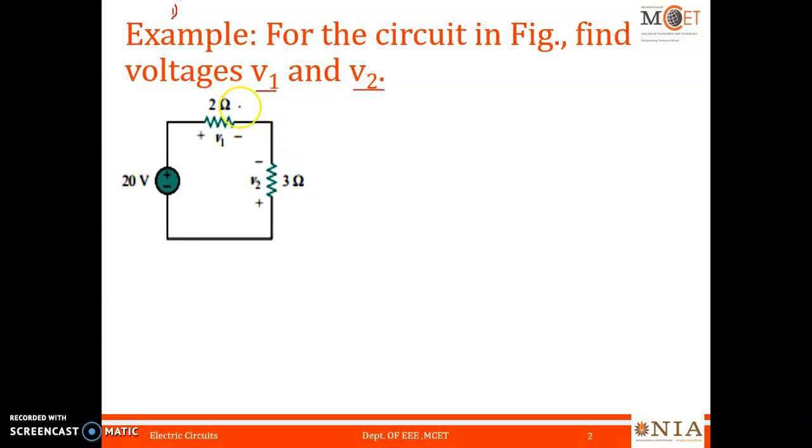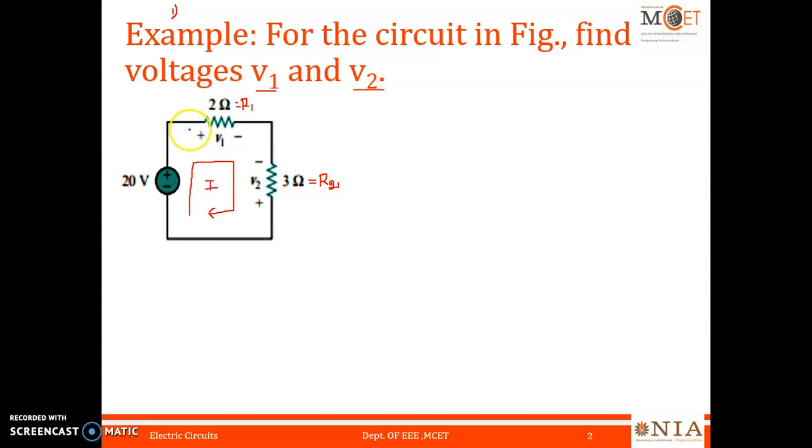This 2 ohm resistor I am naming as R1, resistive branch 1, and this 3 ohm resistor as resistive branch 2. There is only one loop in the circuit, so I am considering the loop current direction as clockwise, that is I.